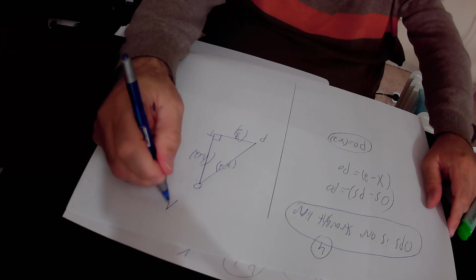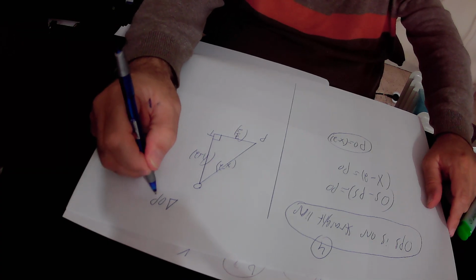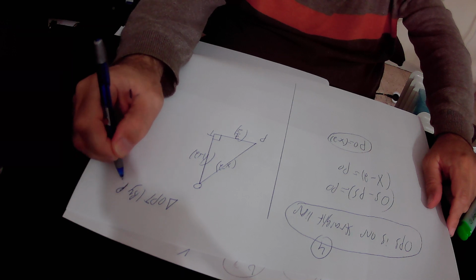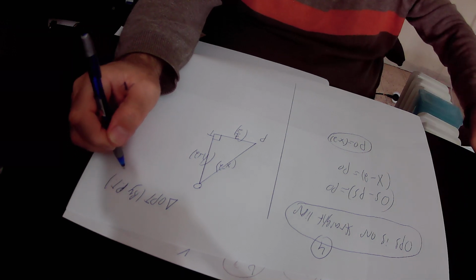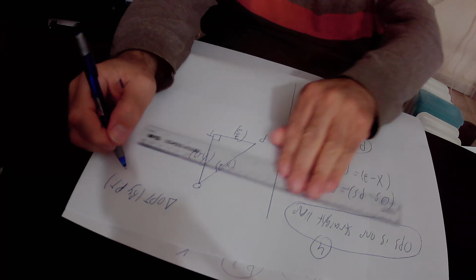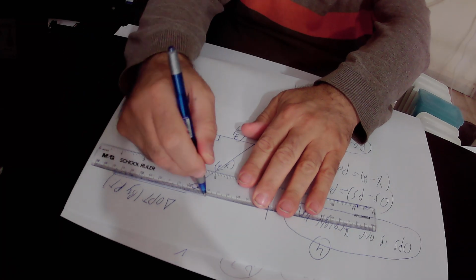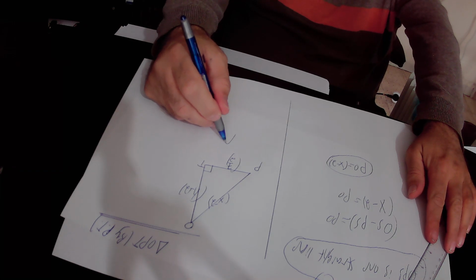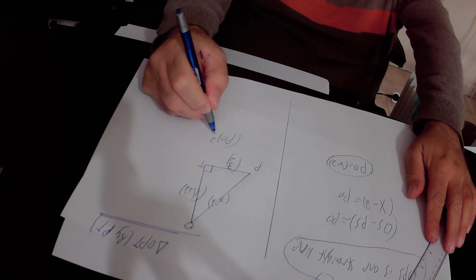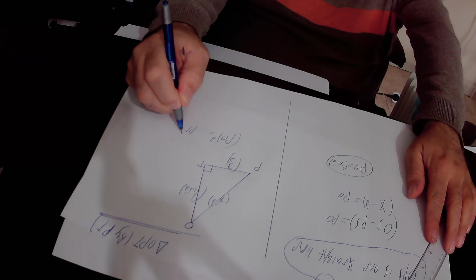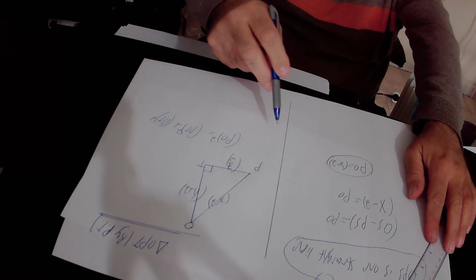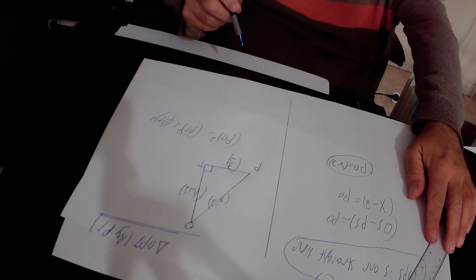This is the right triangle OPT. In the right triangle OPT, according to the Pythagoras theorem, PO squared equals PT squared plus OT squared. Okay? OP squared equals PT squared plus TO squared.